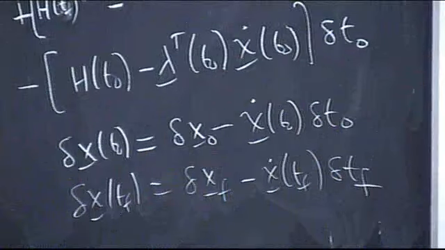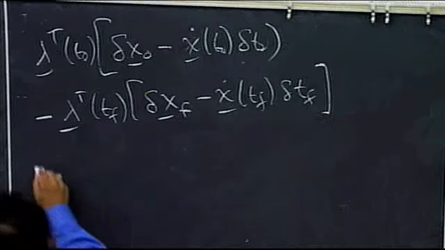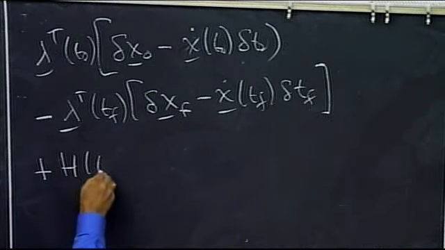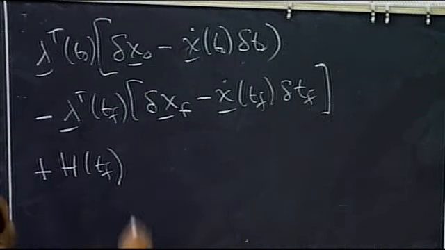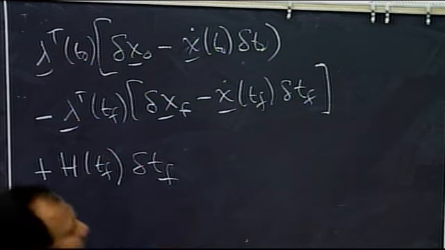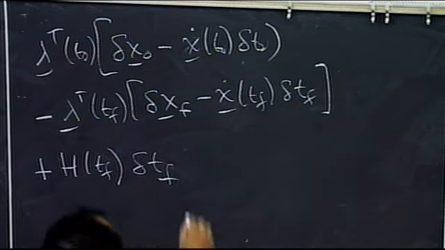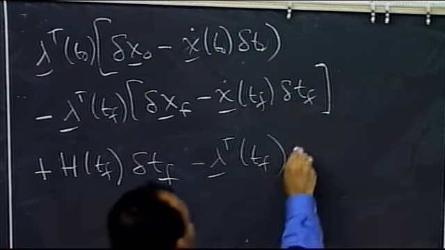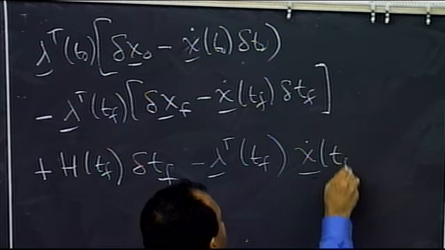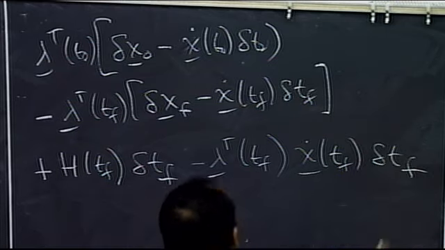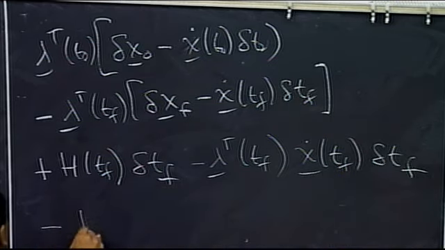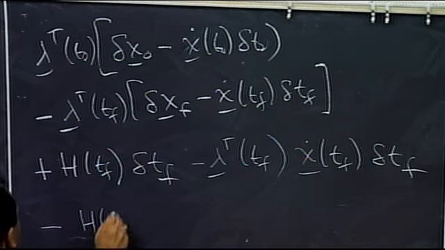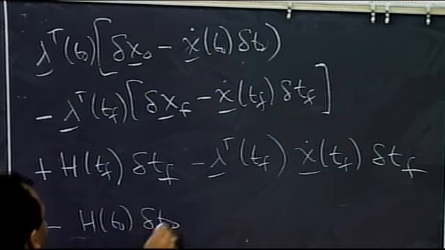And then I've got plus h at tf times the variation in tf. And then I've got minus lambda transpose at tf times x dot at tf times the variation in tf. And then I've got minus h of t0 times the variation in t0.